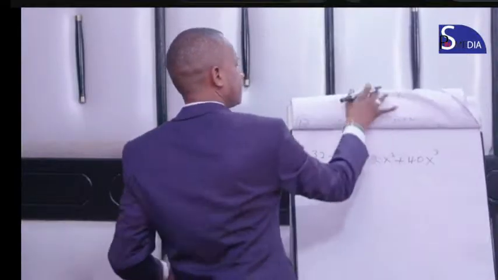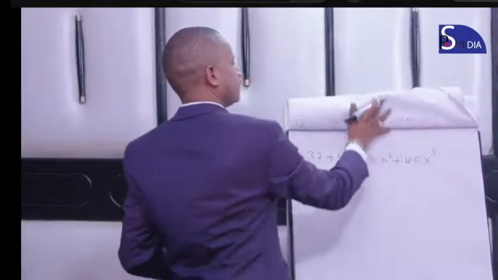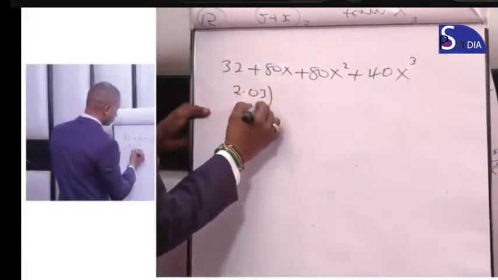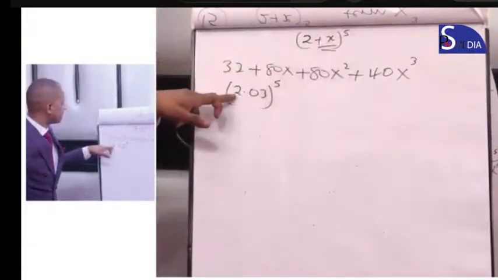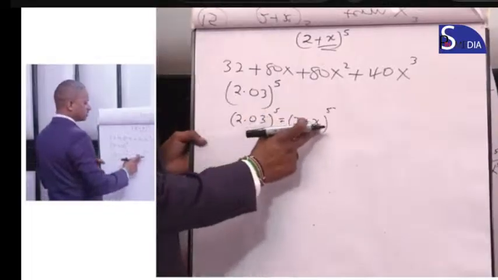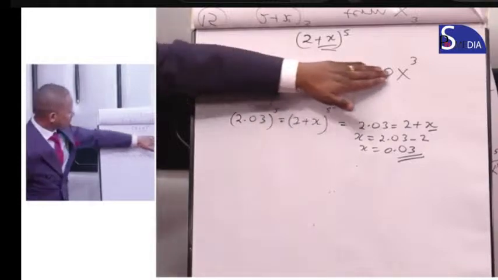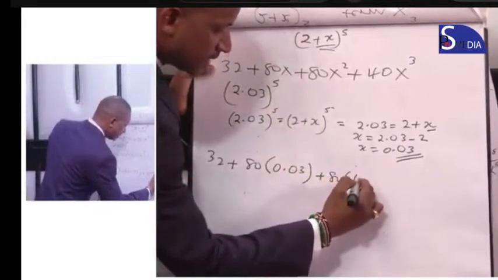The next part of this question tells you 2.03 x raised to power 5 is the same as 5, equals, inside here is equal to x. x equals 0.